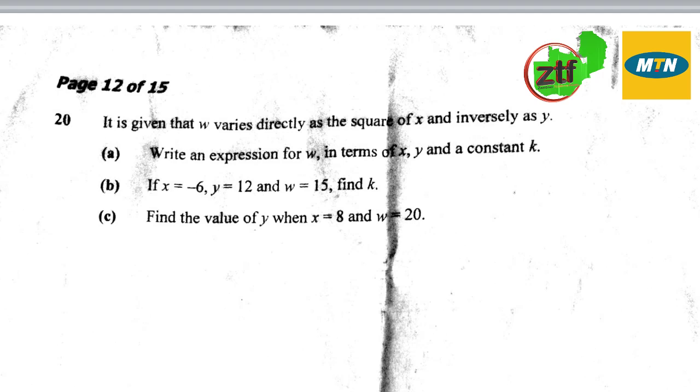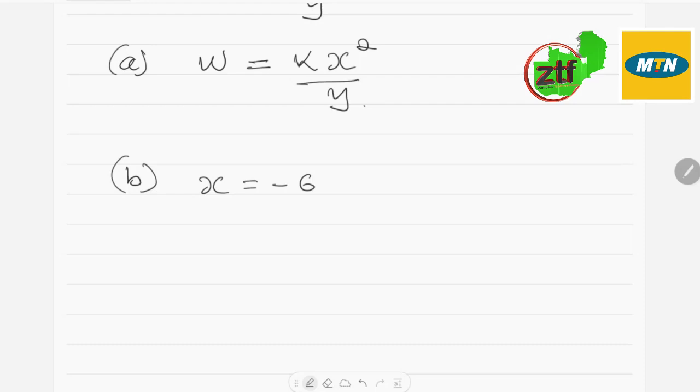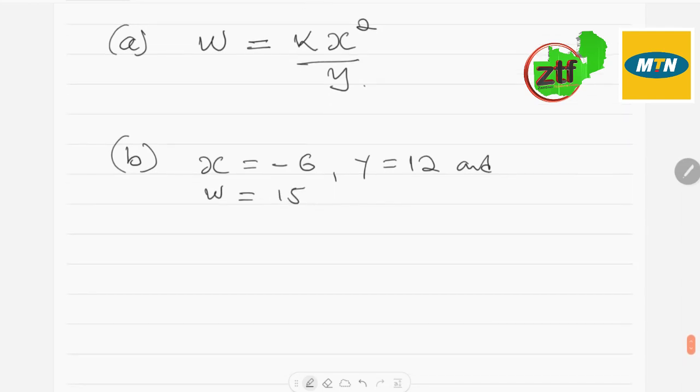Then part B: if x is equal to minus 6, y is equal to 12, and w is equal to 15, we can use these values to find k.